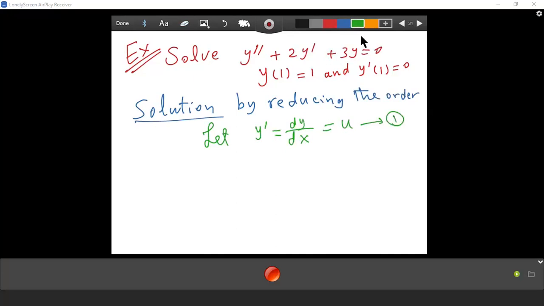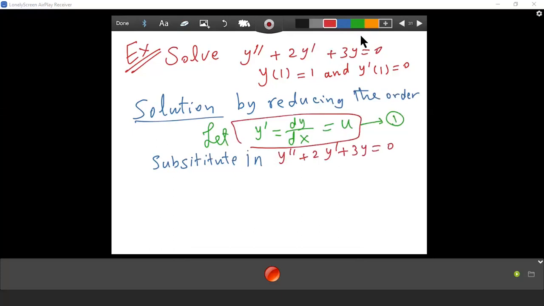If you substitute u equal to y prime in the equation y double prime plus 2y prime plus 3y equal to 0, you will have u prime plus 2u plus 3y equal to 0.